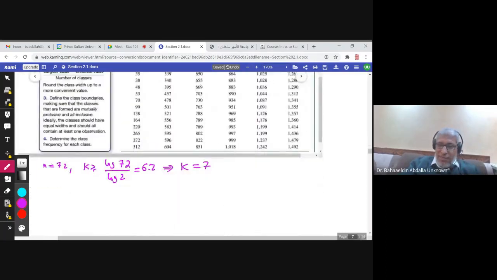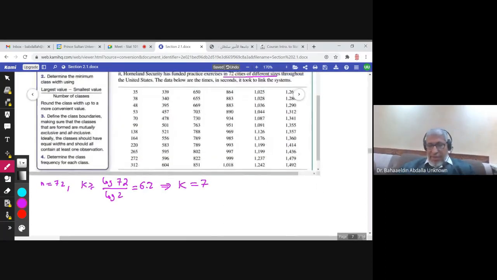For example, here, to determine W, which is the width, for the largest, which is 1492, because this data is ordered, the 1492 is the largest, the maximum, minus 35, which is the smallest or the minimum, over the number of classes, which we determined here as 7.